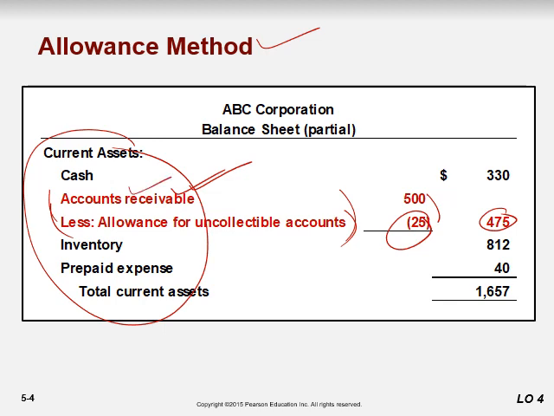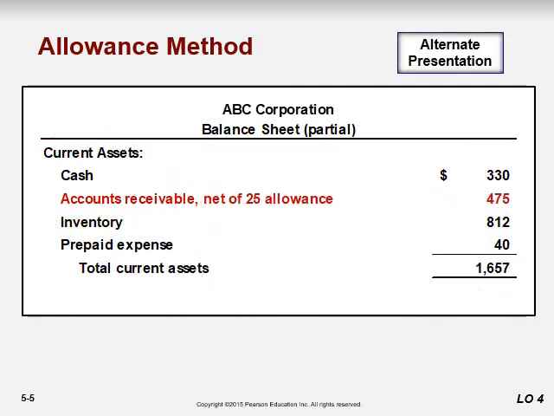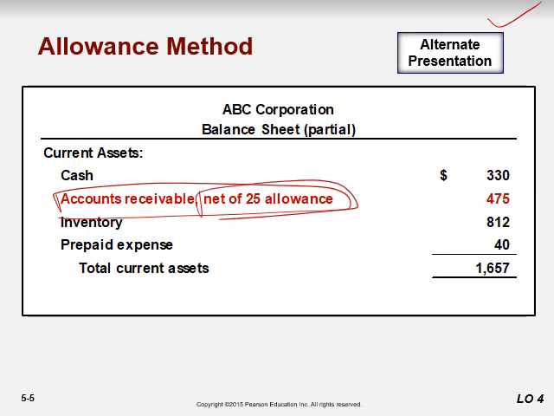A contra account is always shown right after the account it relates to, so the contra account for accounts receivable is represented right after accounts receivable, but the two are opposite, right? This is the alternate presentation: accounts receivable net of 25 allowance. Either you write it as minus allowance, or you write it in a statement form.